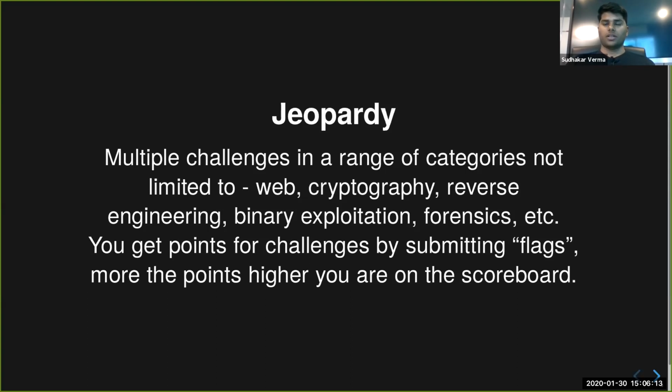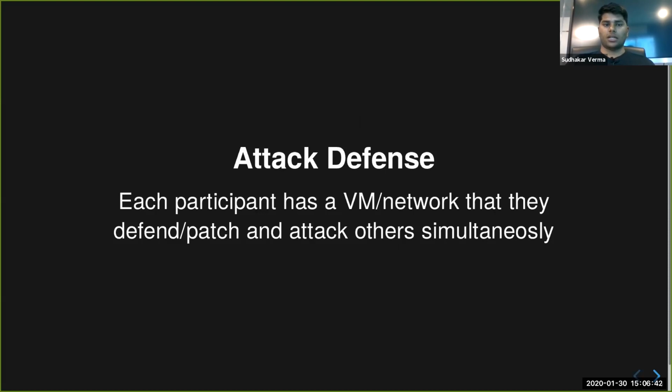Based on where the flag is, you get that flag, submit it to the main CTF website, and then you get the points for that challenge. As I said earlier, the more points you have at the end of the CTF, the higher you rank. Usually if there's a tie between teams, it is broken by who submitted the flag first. At the end of the CTF, prizes will be given according to the final scoreboard.